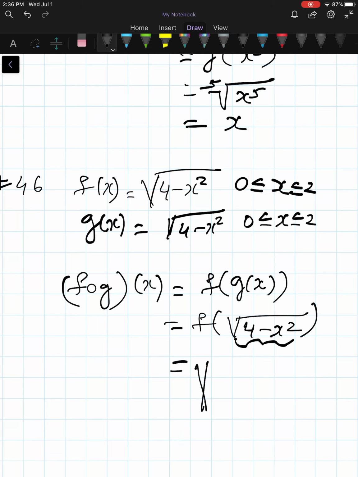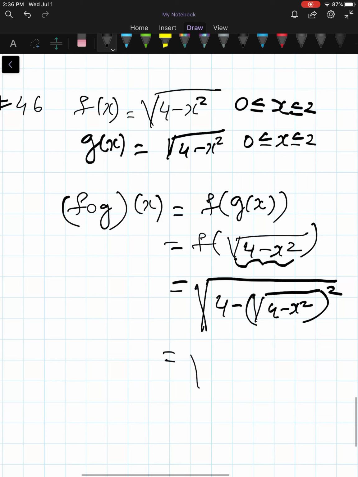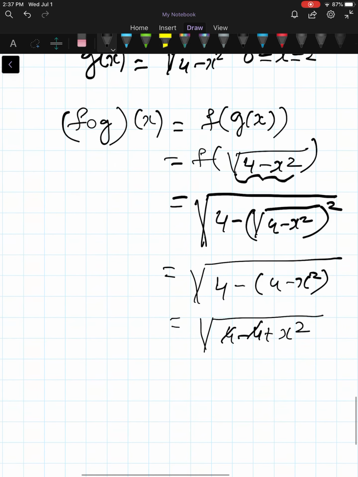So that would be square root of 4 minus square root of 4 minus x square, the whole square. Okay, that you will be getting back square root of 4 minus of 4 minus x square, correct? So this would be square root of 4 minus 4 plus x square. So this will be square root of x square, that is x itself.